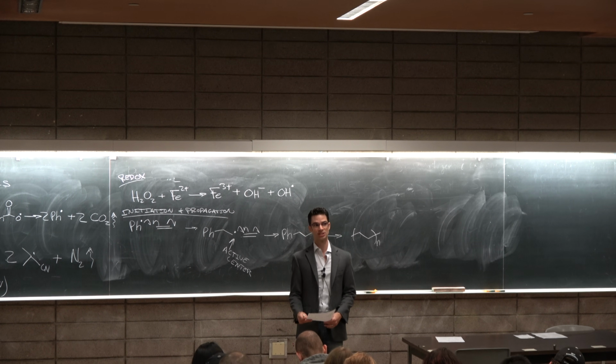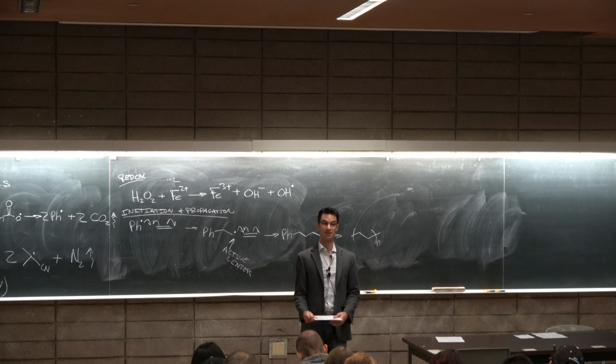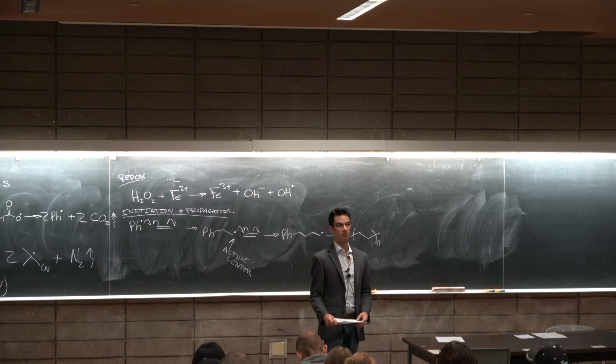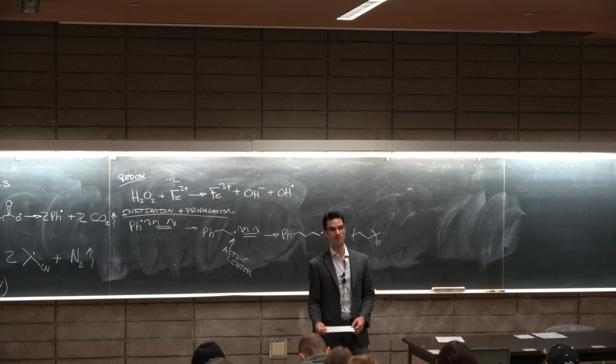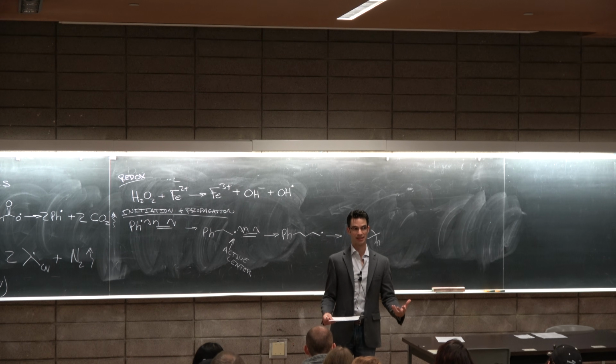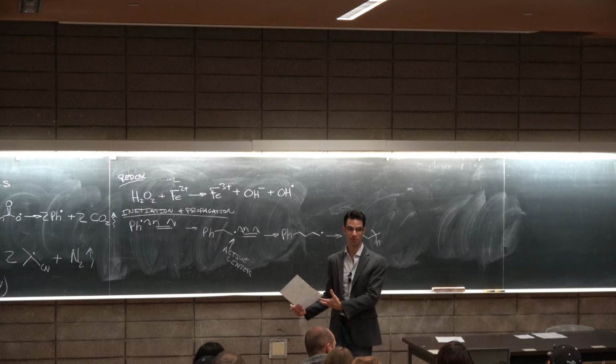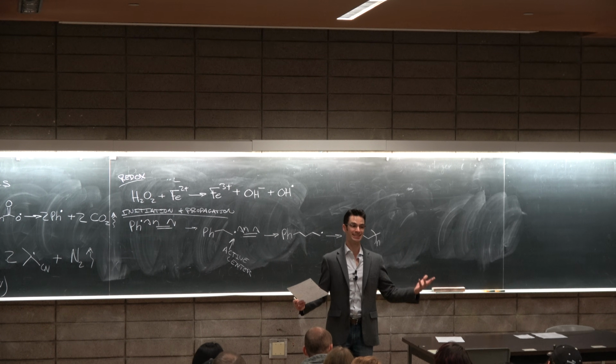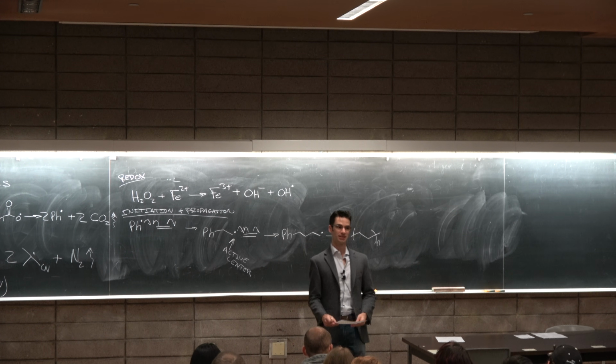So the initiator fragment could actually be another polymer that was made in a previous step. More frequently, and this is something we'll get to on Monday or Wednesday, you might use a specific chain transfer agent that is incorporated into the final product, which again might be tagged in some way or might have some chemical functionality.